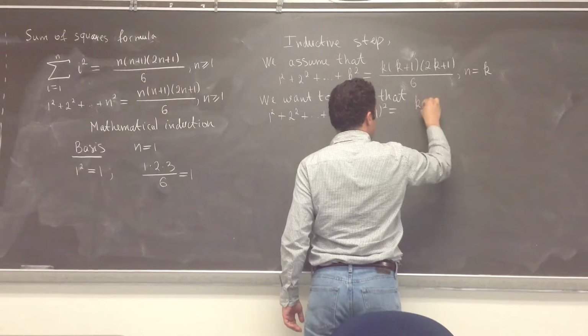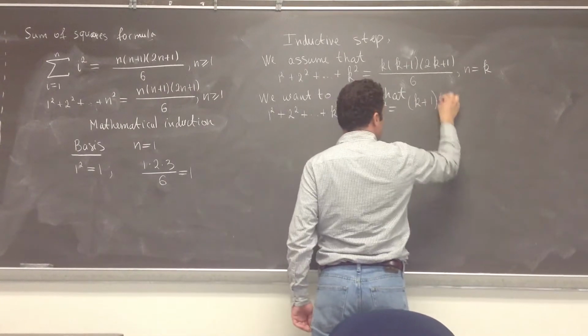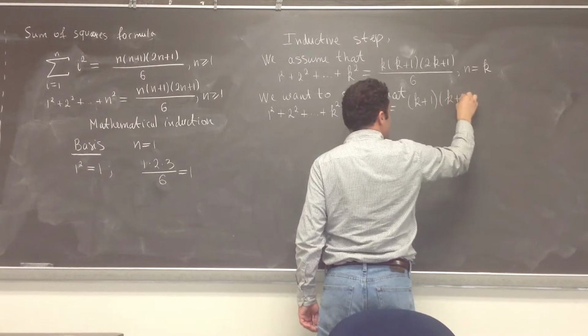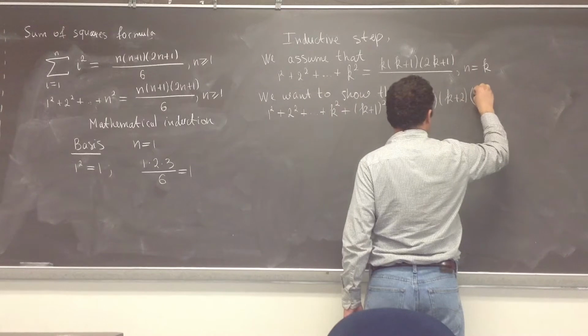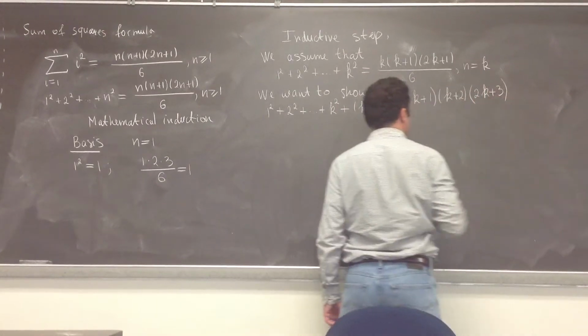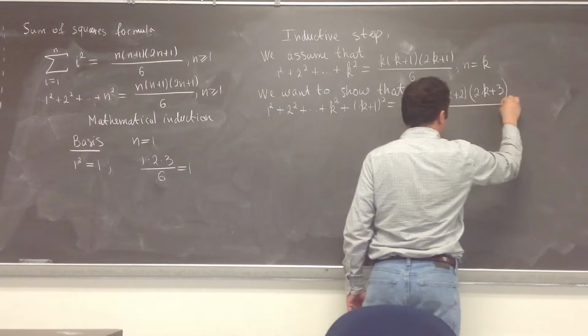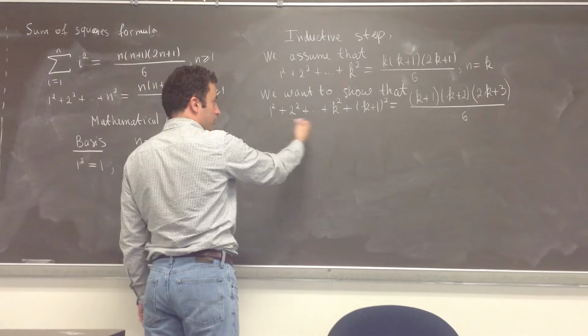So the first factor is k plus 1, the second factor is k plus 2, and the last factor is 2k plus 3, divided by 6. So you want to show that this formula holds true.